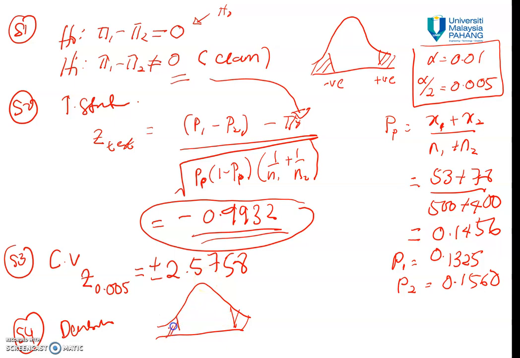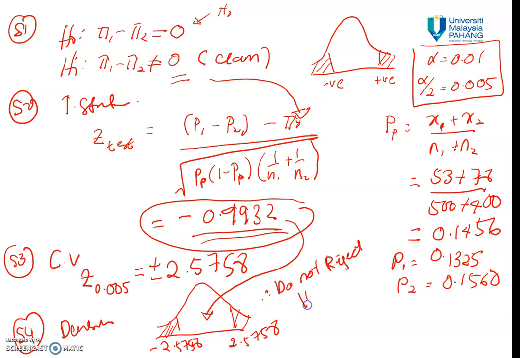Here you have positive 2.5758, and here you have negative 2.5758. So this value, is it at the dark side or at the bright side? If you look, it's inside here, isn't it? In between that. So it's at the bright side. So do not reject H null.